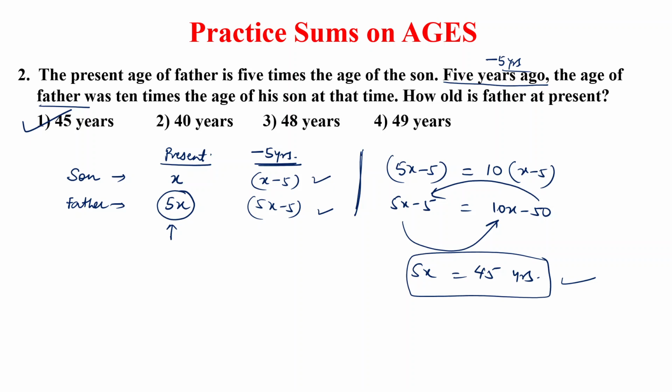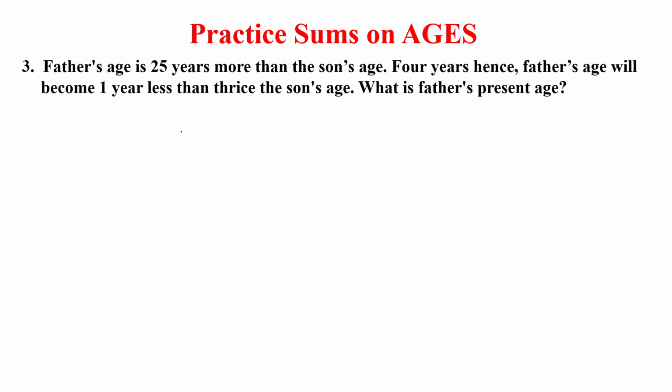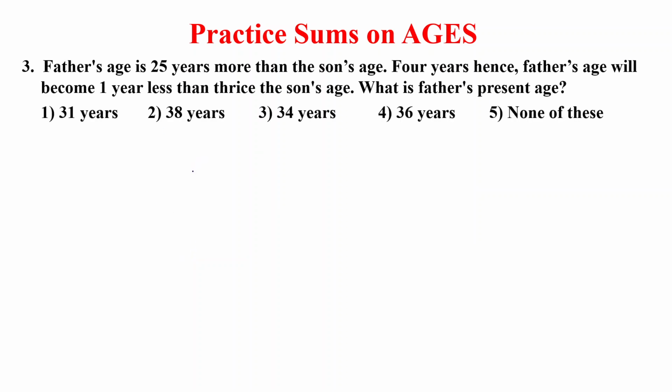Okay. So all these questions had little lesser complexity. Let's see some questions where complexity will increase. Looking at question number 3. Father's age is 25 years more than the son's age. Okay, so what we will do?